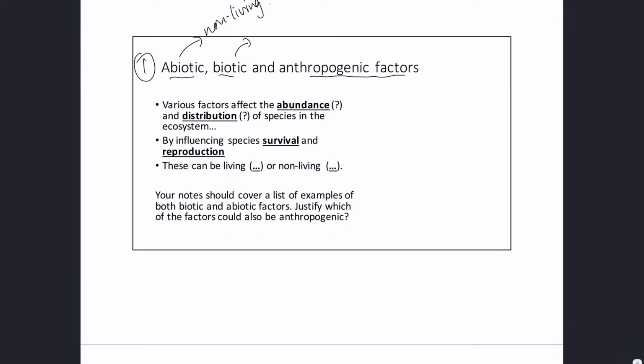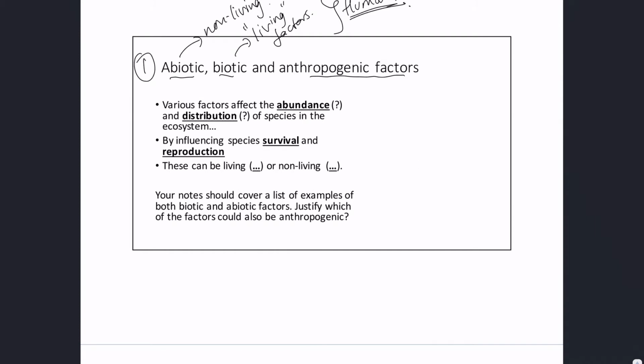The biotic obviously means all the factors which depend on living organisms. Okay, so you can think of it as living factors. And anthropogenic really can be either of these two, which are heavily influenced by humans.